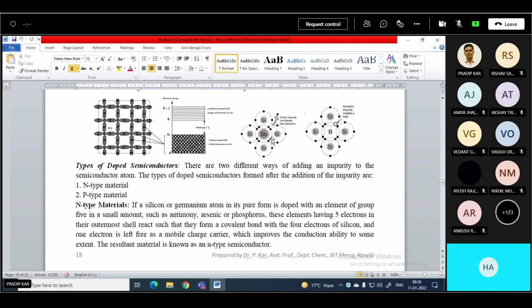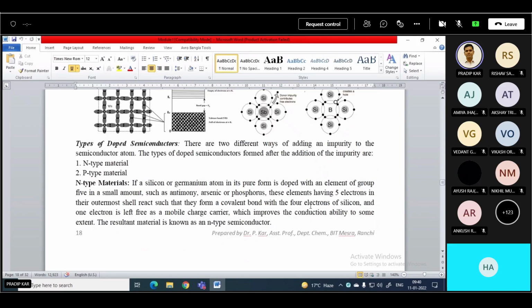So you can also consider the octet rule. In case of silicon, the outer shell has 4 electrons, and Sb has 5 electrons in its outer shell.